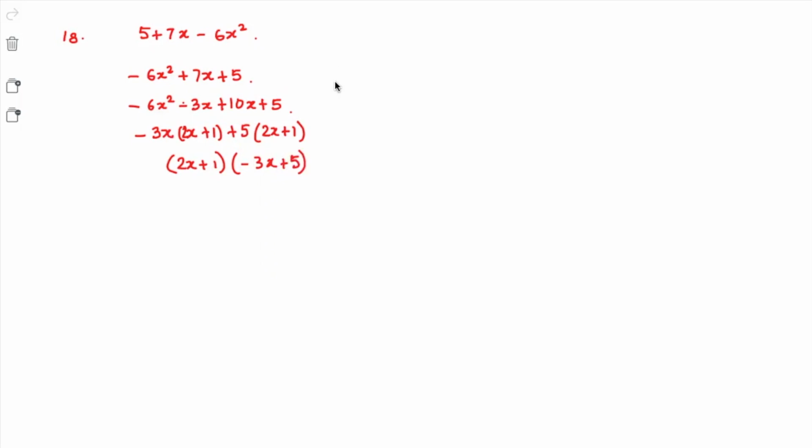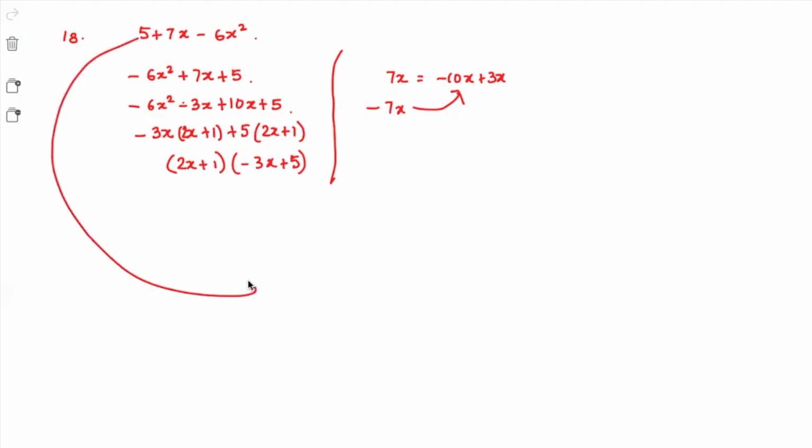This brings me to two questions while doing this sum. Firstly, 7x. Why aren't we doing minus 10x plus 3x? Because then it will become minus 7x and not 7x. That is why we have placed minus 3x and plus 10x. The other thing is, if we do this sum like it, the way it is given, how will that be?